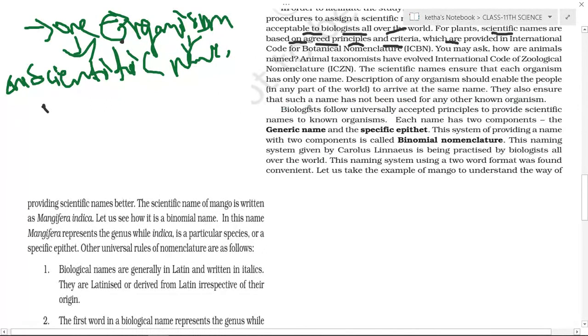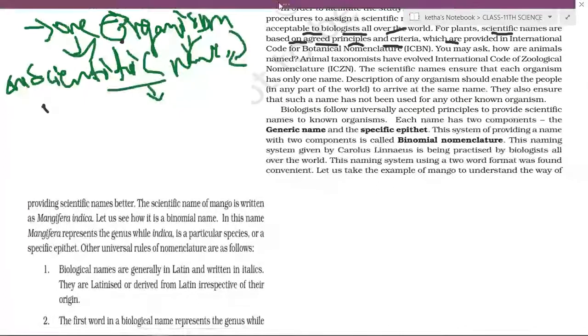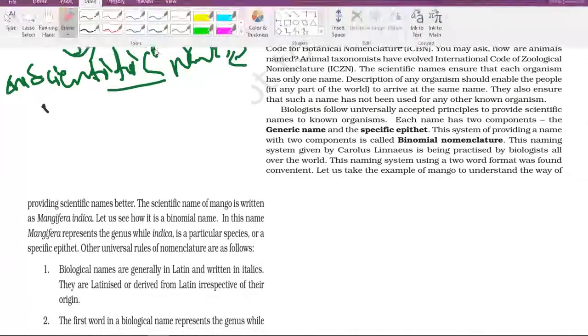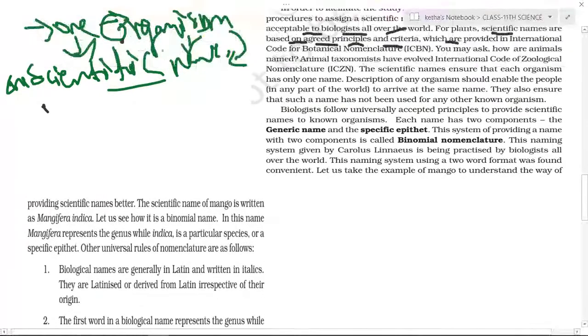They also ensure that such a name has not been used for any other known organism. So if an organism is named with one scientific name, this scientific name is not given to another organism. They are not going to give the same name to other organisms. For one organism, only a single scientific name is given.